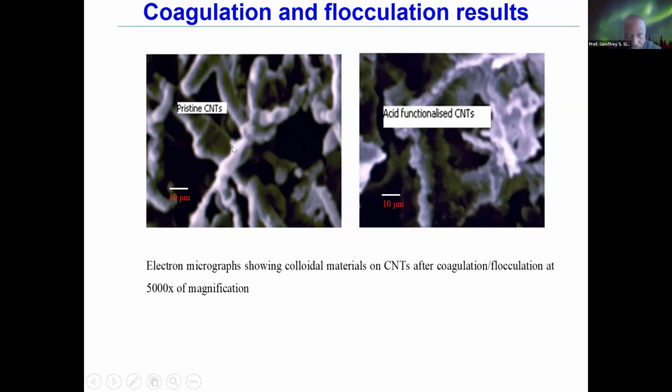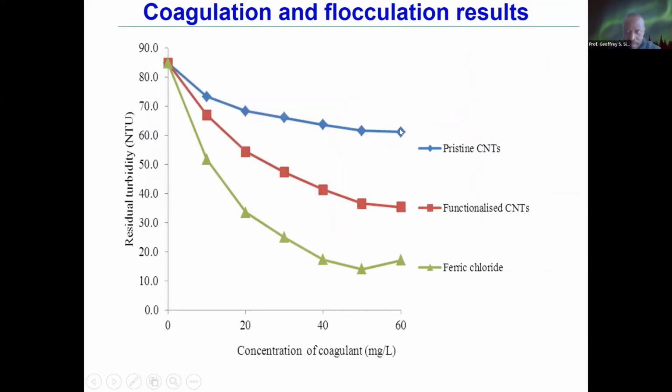The pictures are not very clear, but you can see a lot of black patches on the functionalized carbon nanomaterials, meaning a lot of adsorption took place from the colloidal materials as compared to the pristine carbon nanotubes. This was clearly observed even from the results, that the functionalized carbon nanomaterials worked better than the freshly produced carbon nanomaterials.